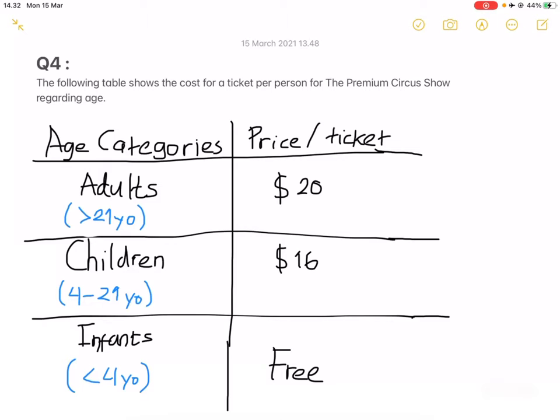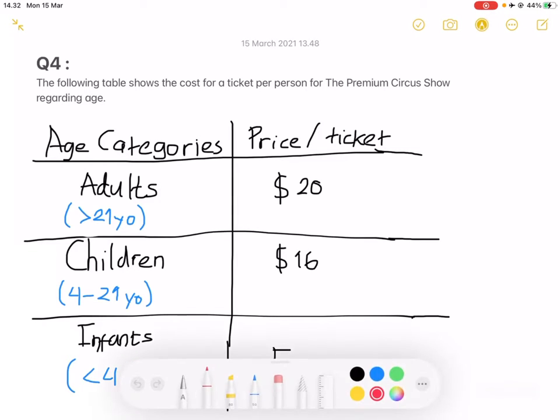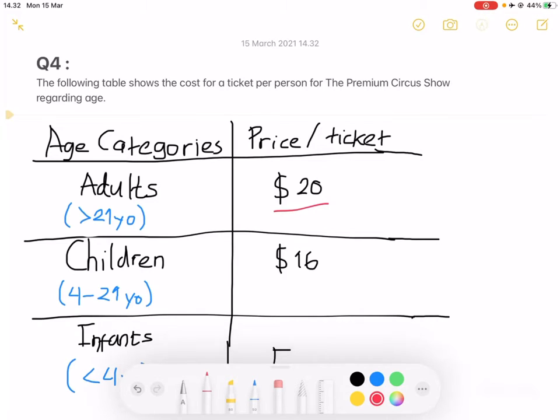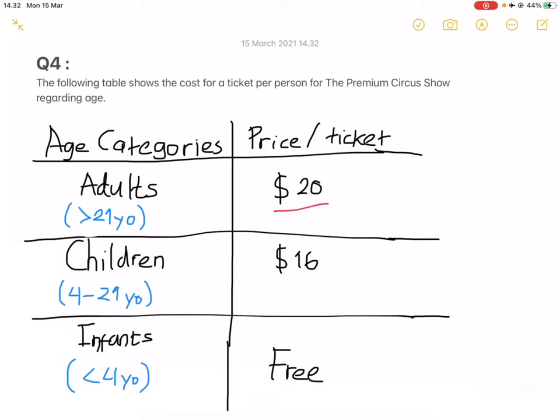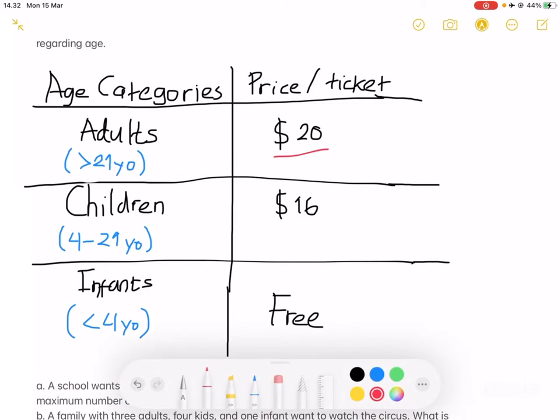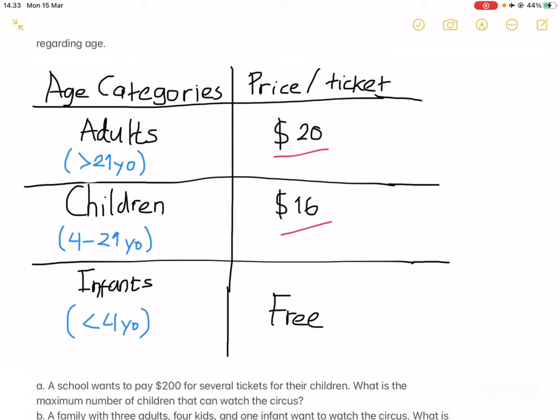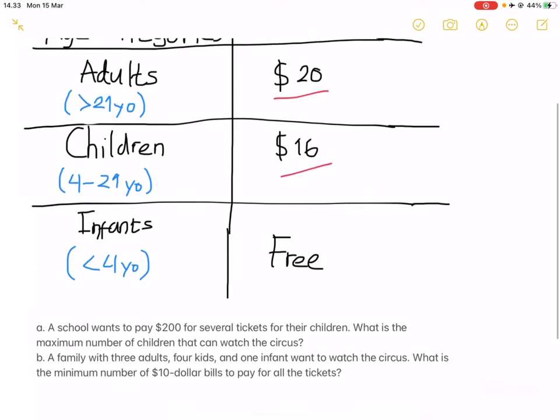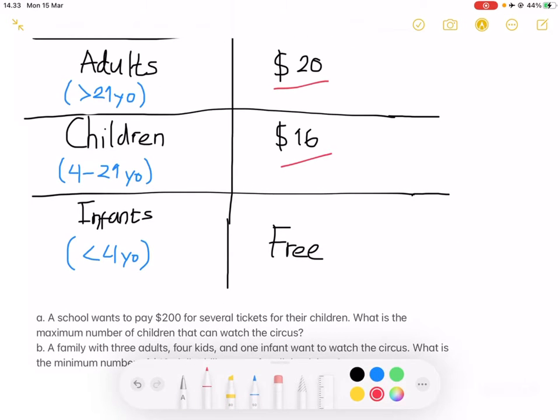For adults that are older than 21 years old, the price per ticket per person will be $20. For children between 4 and 21 years old, the cost will be $16. And for infants less than 4 years old, the circus doesn't charge any price at all.